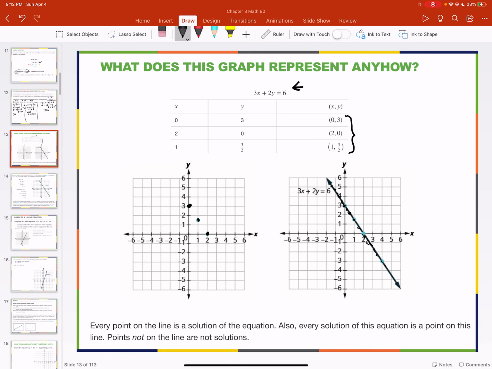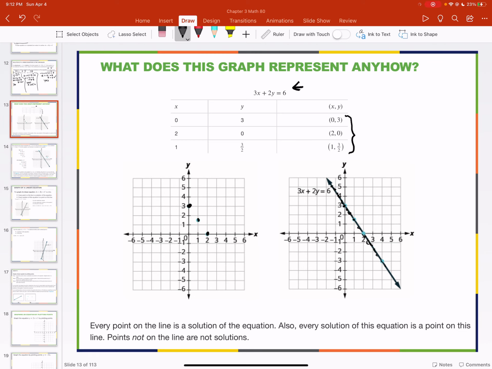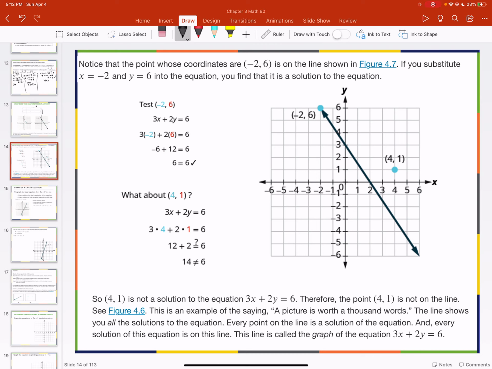It's a beautiful way to describe something infinite. It's very cool. So if we had the equation and we plugged in a point, if it's true, like we just did, it is a solution. And if it isn't, it would not work. It would be false like this.